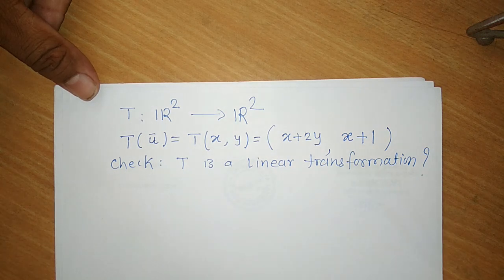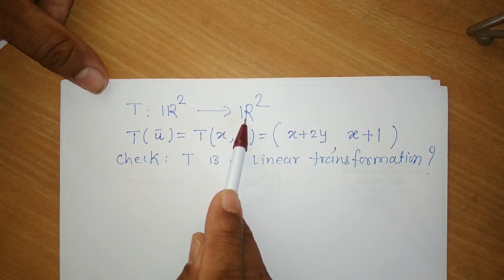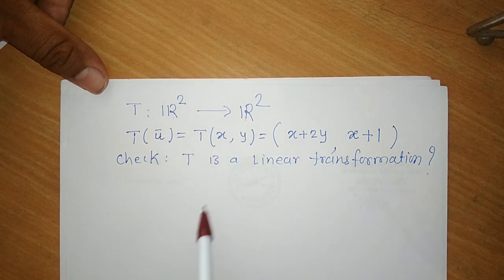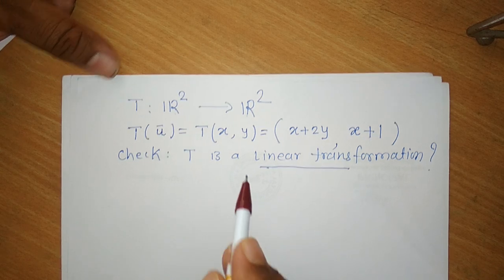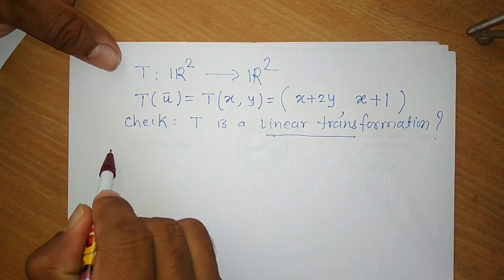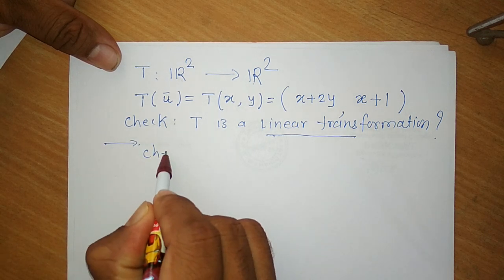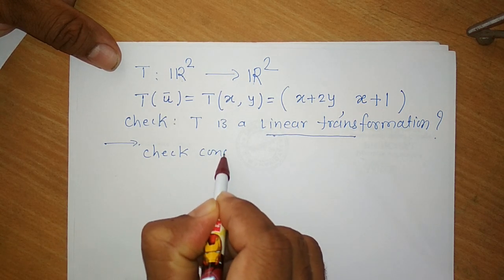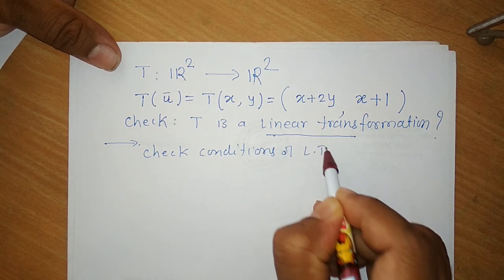T is a function from one vector space to another, defined by this function, and we just have to check whether it is a linear transformation or not. So we check the conditions of a linear transformation.